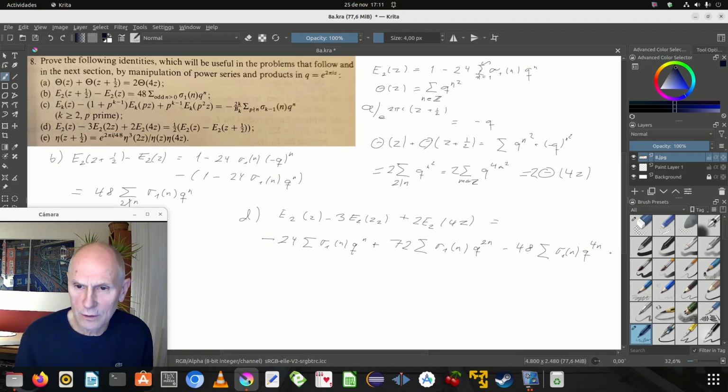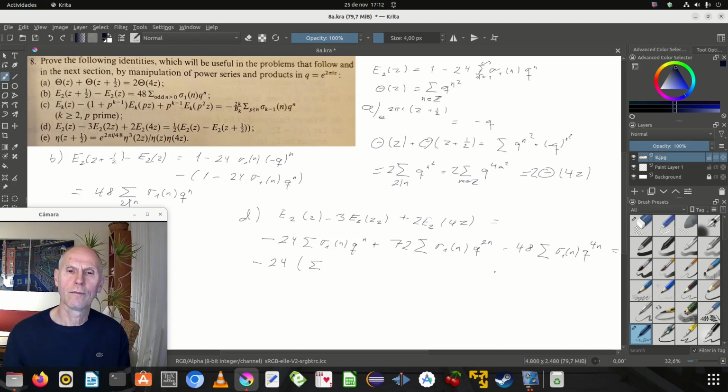Well, let's write up the equation we get. Where we put minus 24 outside, and then q to all the odd ones come from here. So let's divide up until odd, n odd.